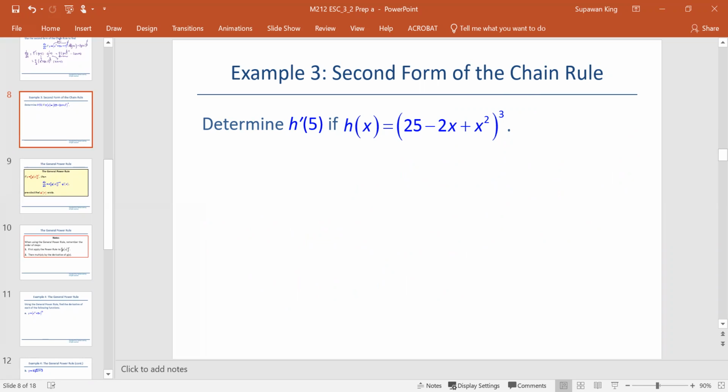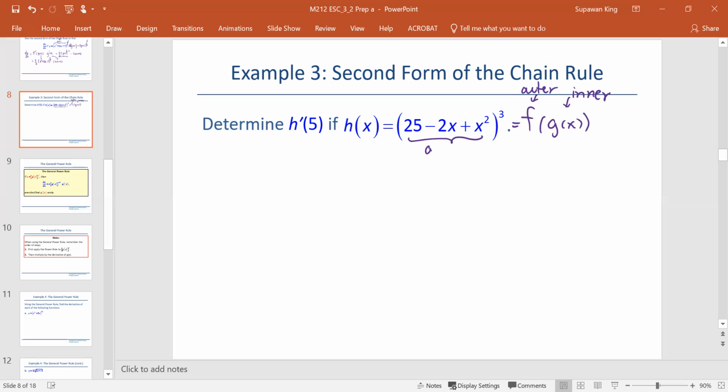This example: determine h prime at 5 if h of x is the quantity 25 minus 2x plus x squared to the power 3, another composite function form. If you write it as the composite function of f and g, f is the outer function and g is the inner function.